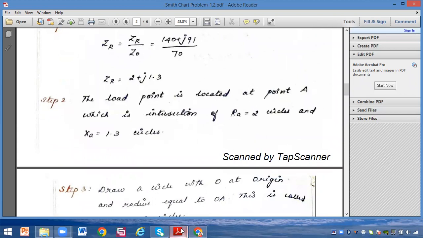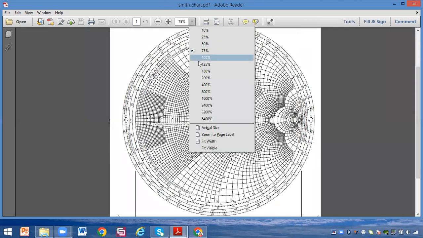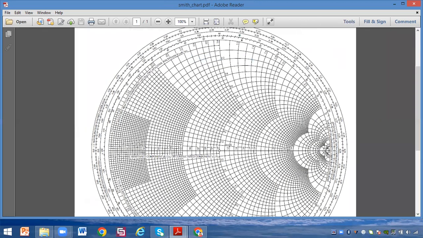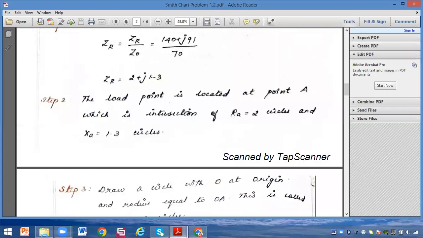In the Smith chart, this is your resistance scale and this is your reactance scale. Here RA is equal to 2, and the reactance is 1.3. Since it is positive, it should lie above the real axis.